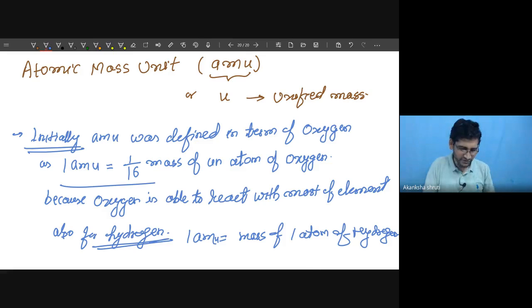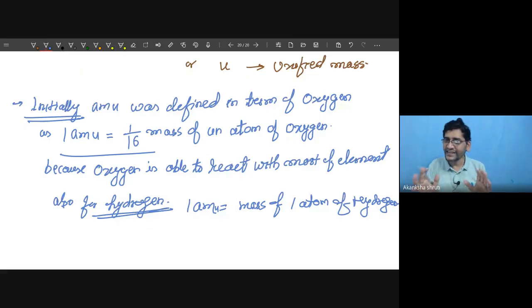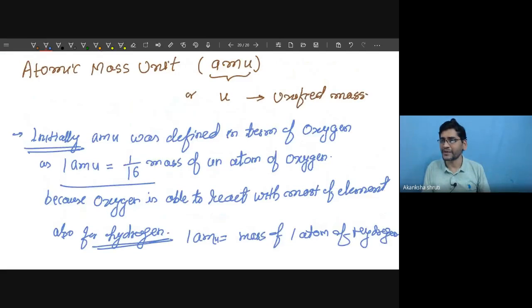That was the initial one. So this is how this AMU was initially developed.